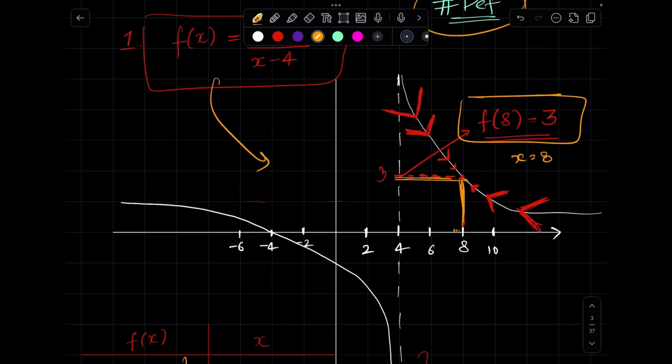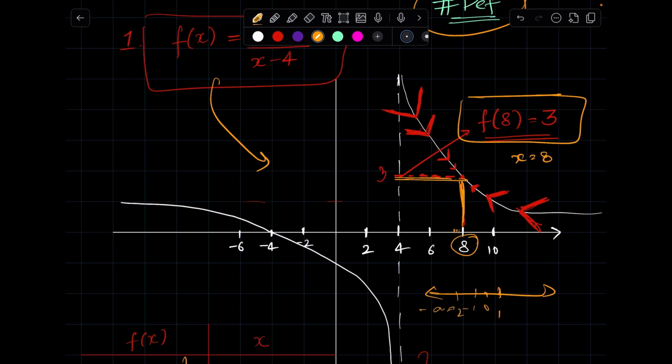As you can see, when you're approaching from the left-hand side, you're talking about at x is equal to 8. So when you're going from any value that's less than 8, and you're increasing it as you get closer and closer to it, you're talking about the left hand side limit. Like on a number line, let's say you have 1, and at the left hand side you have numbers like 0, -1, -2 till negative infinity.